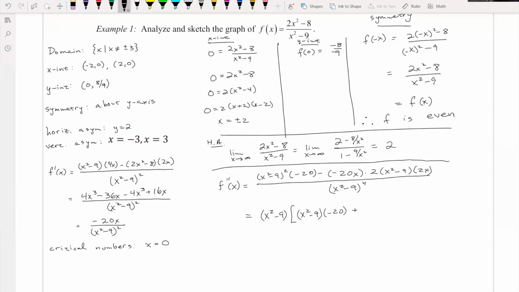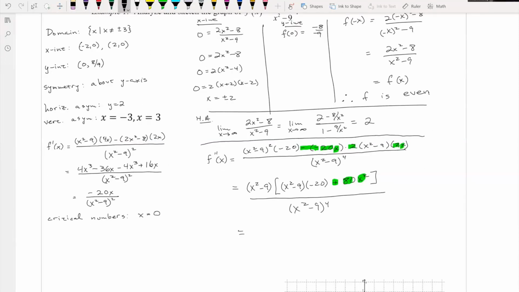Here I'm going to get 2 times 2 is 4 times 20, which gives me 80x squared, all over x squared minus 9 to the 4th power. I can cancel my x squared minus 9 on top and bottom, so I just have an x squared minus 9 to the 3rd power now.